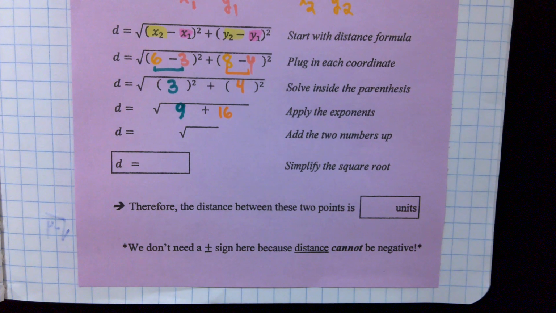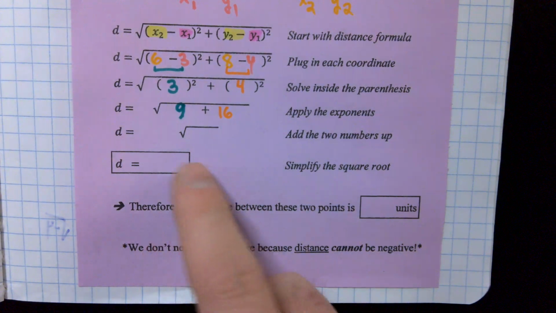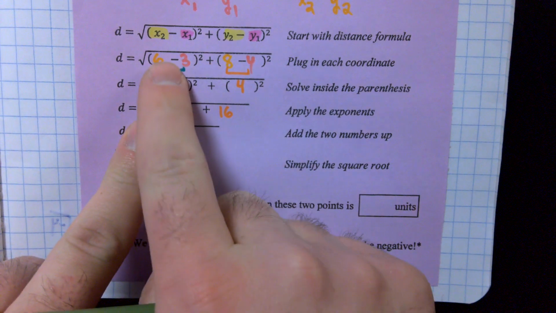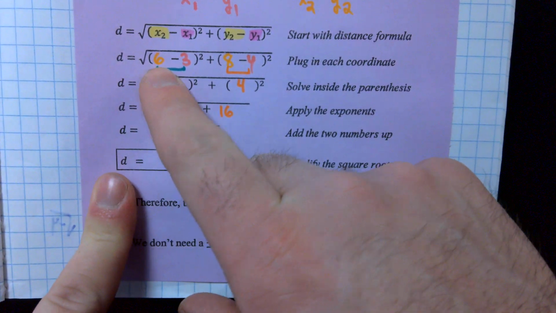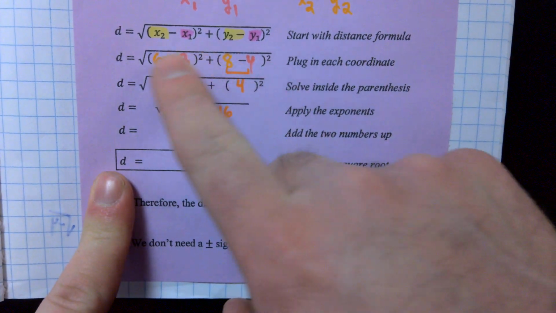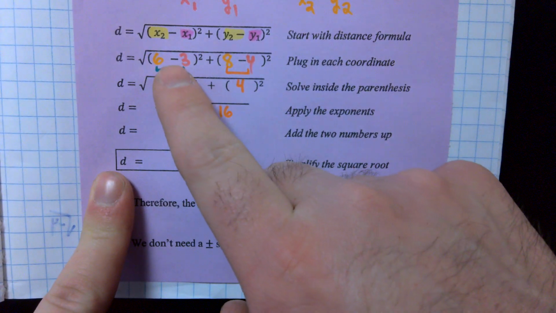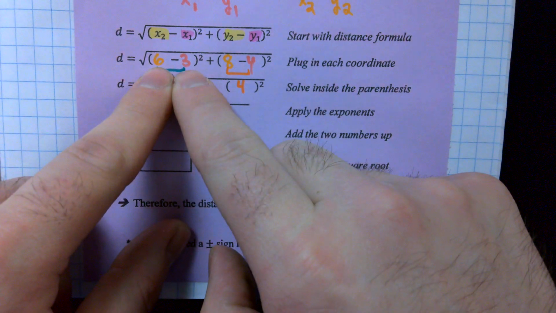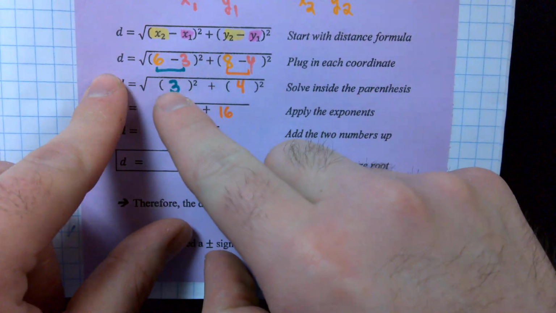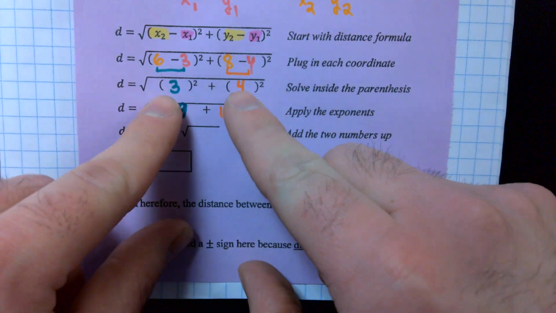How'd you get 9 and 16? Good. Hold on. Stop. I appreciate you asking, because I guarantee you there's someone that's too afraid to ask that is also wondering the same thing. Are you cool with how we plugged all these numbers in? The 4 pieces? Okay. Now in the parentheses, we're doing what it says, which is subtraction. 6 minus 3 gives me 3. 8 minus 4 gives me 4.